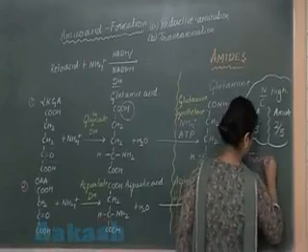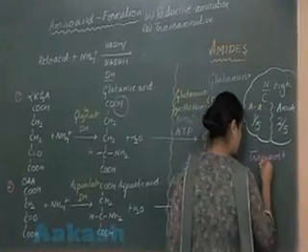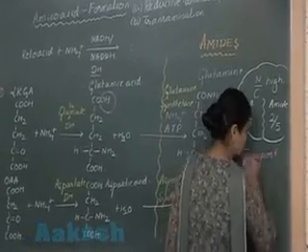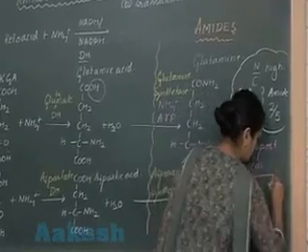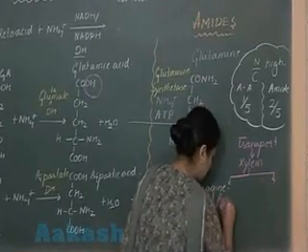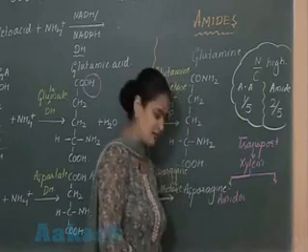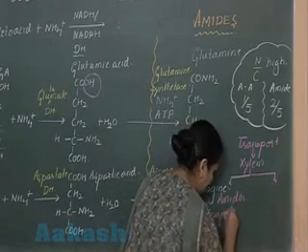Transport of fixed nitrogen, it will occur, 1, through the xylem vessels. Xylem vessels के through होगा, and this transport, it will occur in the form of amides. Yes, amides, this is in the case of temperate legumes.